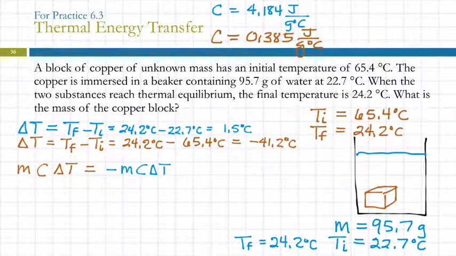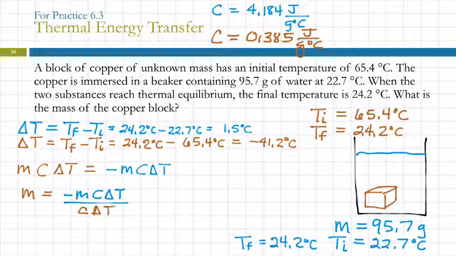Got those from a table. So I've got this equation here. I can solve this equation for the mass of the copper. The mass of the copper is going to equal negative mc delta T for the water divided by C delta T for the copper.